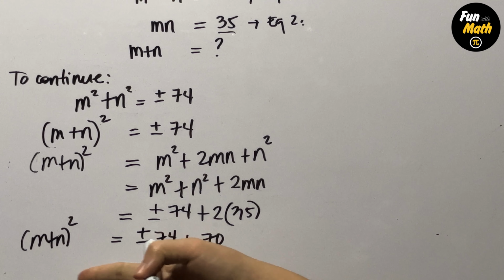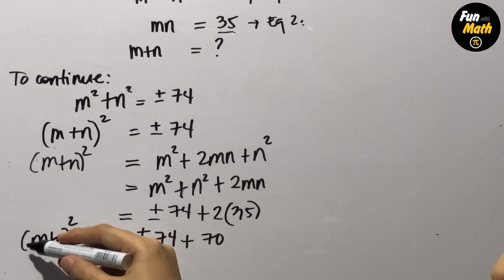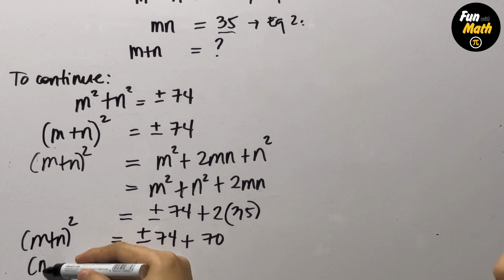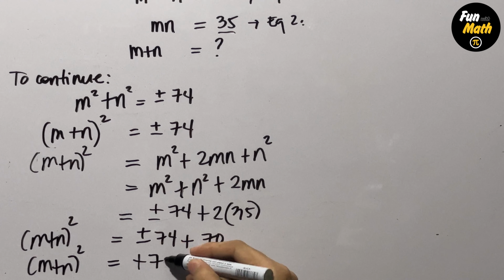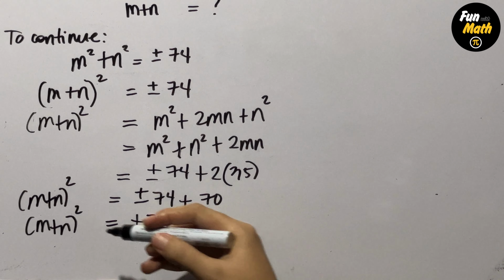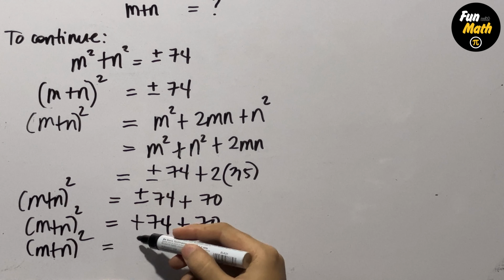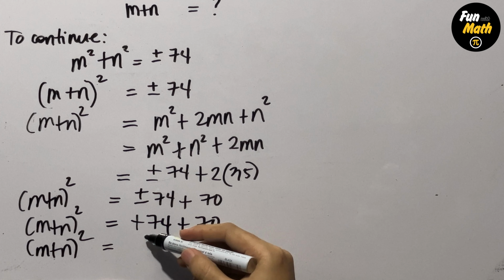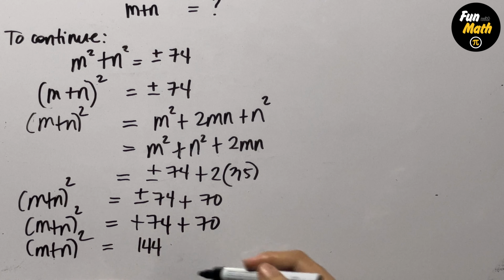Now we can have two solutions, since this is positive or negative. First is the positive: m plus n squared equals positive 74 plus 70, and that is 144.